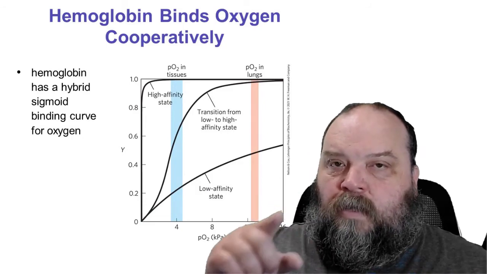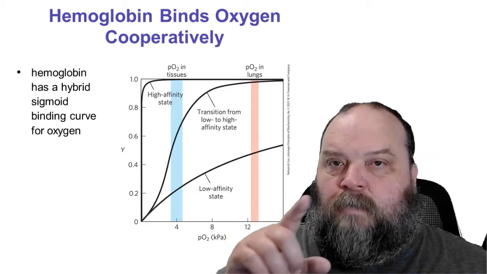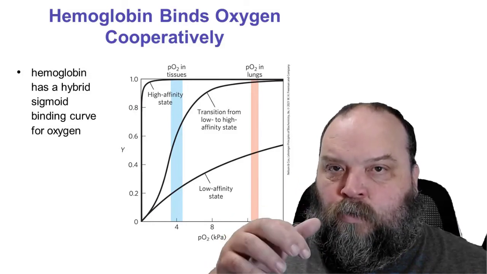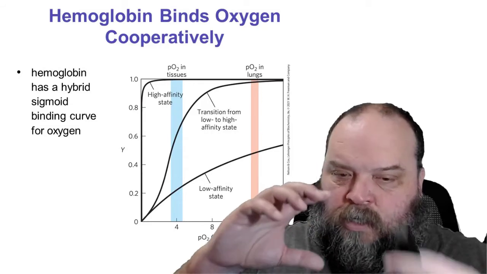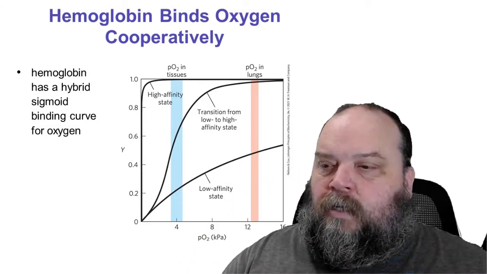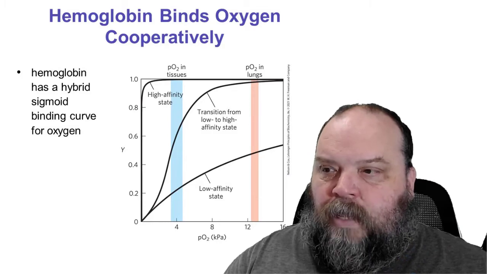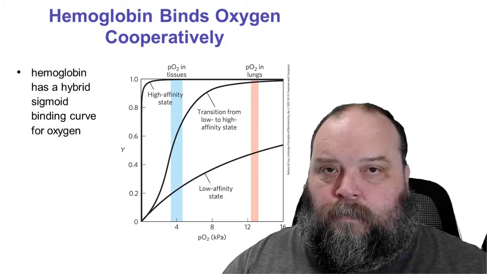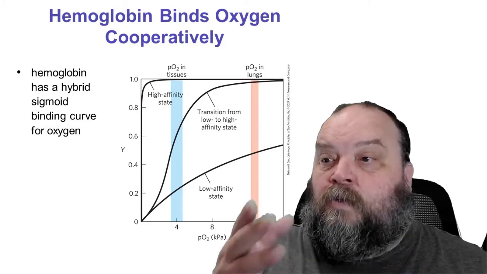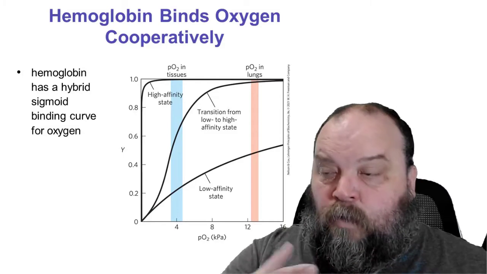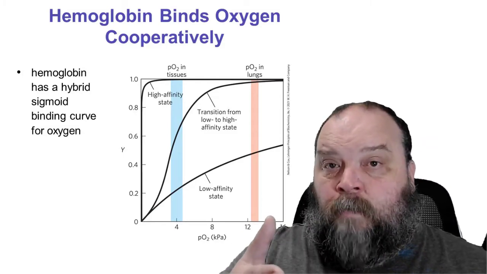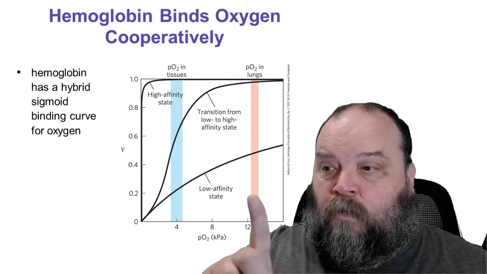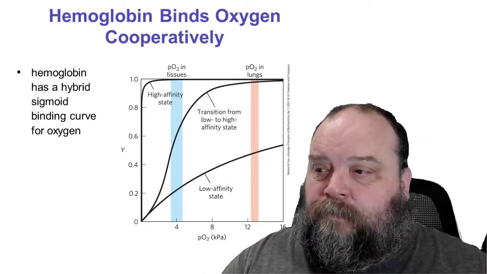And what we see is that as more of the subunits of the hemoglobin bind oxygen, and those subunits, the alpha and beta, go through their conformational transformation, it increases the affinity for oxygen of the other subunits, so that the other subunits will pull in oxygen and go through the conformational state change themselves, and you see the overall four-subunit protein go from a T to an R state.